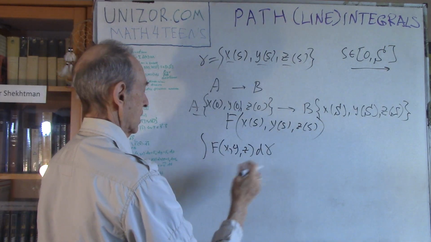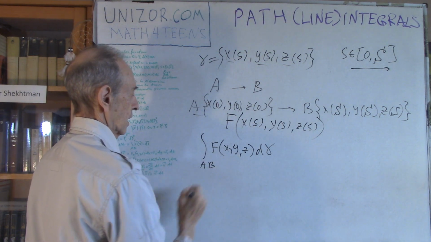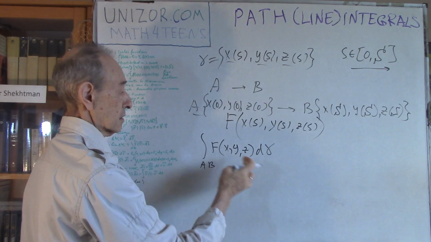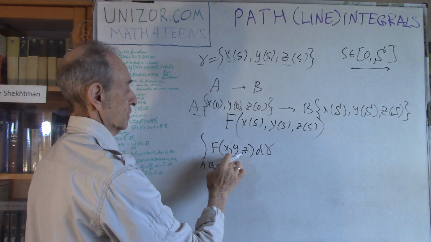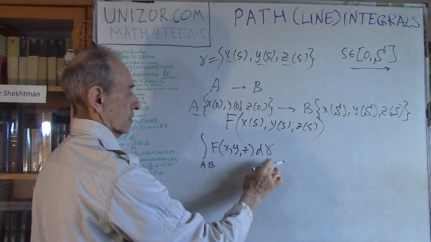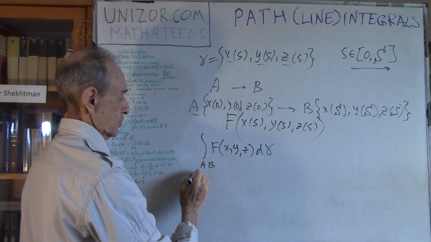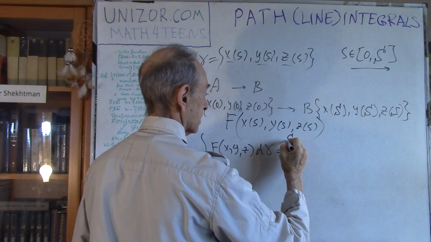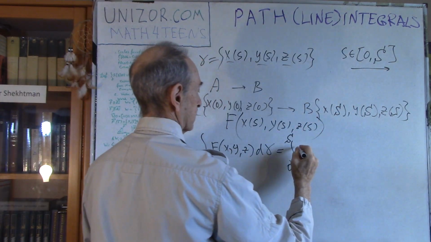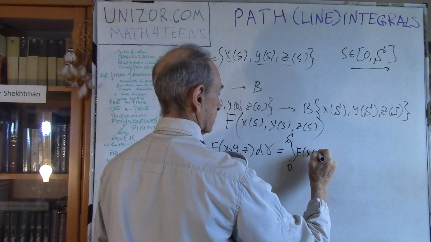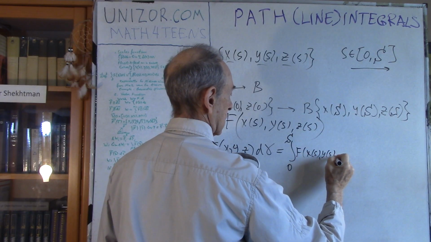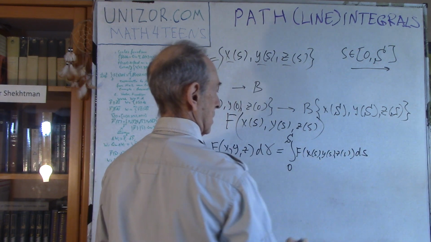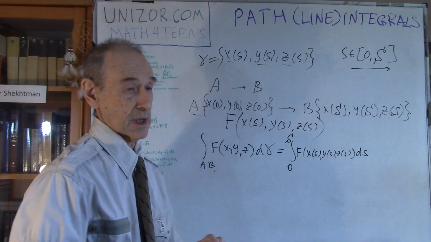And here I will put AB, which means I'm integrating this scalar function, scalar because it's just a single value, on each point x, y, z along the curve gamma, which is from point A to point B. I'm just defining it as a regular integral from 0 to S of function f of x of s, y of s, z of s, ds. This is a definition. I mean, nothing to it.